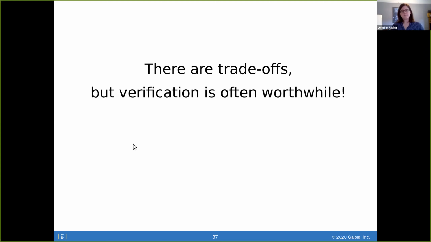So that's about all I have. I just want to end with this idea, which is that there are trade-offs to formal verification, but in my opinion, it is often worthwhile.